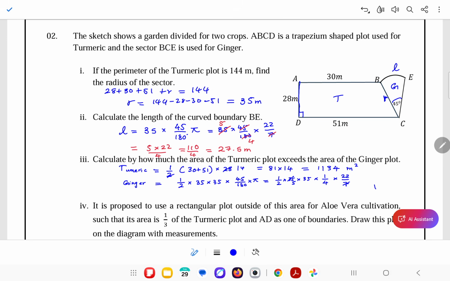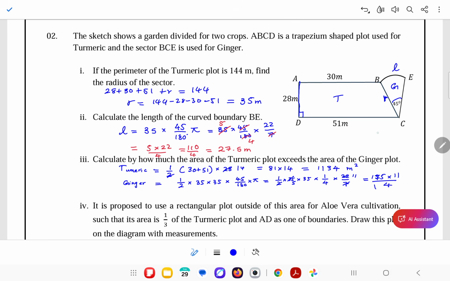5. This 2 and this one cancel, 11. What do you get? You're left with 5 into 35 into 11. So 175 into 11 over 4.